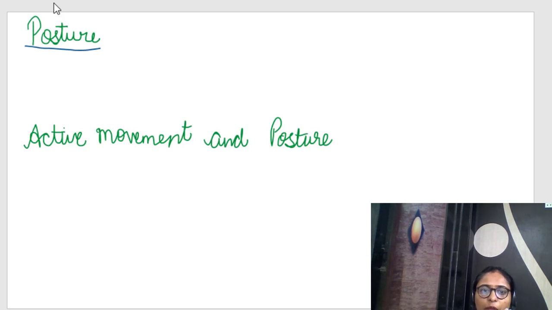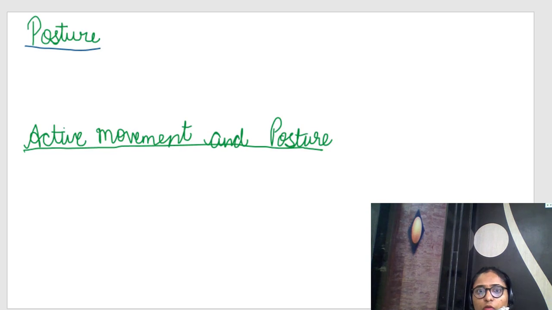And if we talk about the active movement and posture, then what is that? You know what is posture now, right? And active movement is the posture which involves your active muscular contraction. For example, let's say I told one patient to lift his arm.